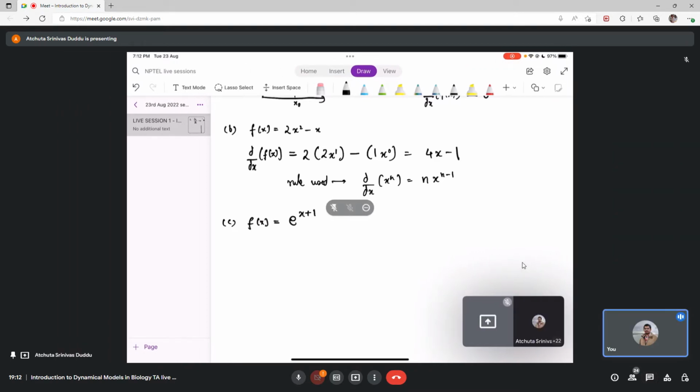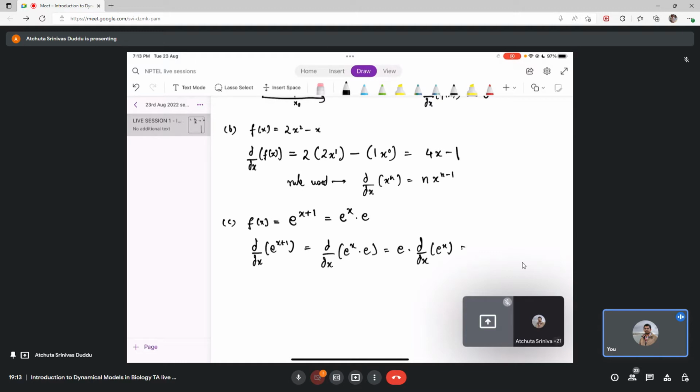Okay, so we have e power x plus 1. So d by dx of e power x plus 1, that's what we need to do. How can we write e power x plus 1? It is e power x into e, right? So e again here is a constant. So d by dx of e power x into e would be e into d by dx of e power x, since e is a constant.